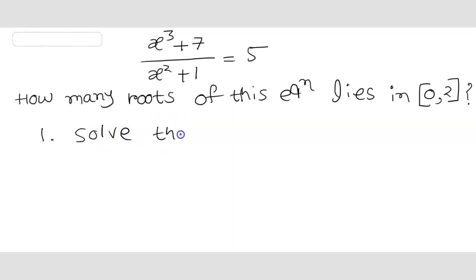If we can solve the original equation, then we can easily find the roots. But sometimes this method does not work. So we have a good guess if we know Descartes' rule of signs.